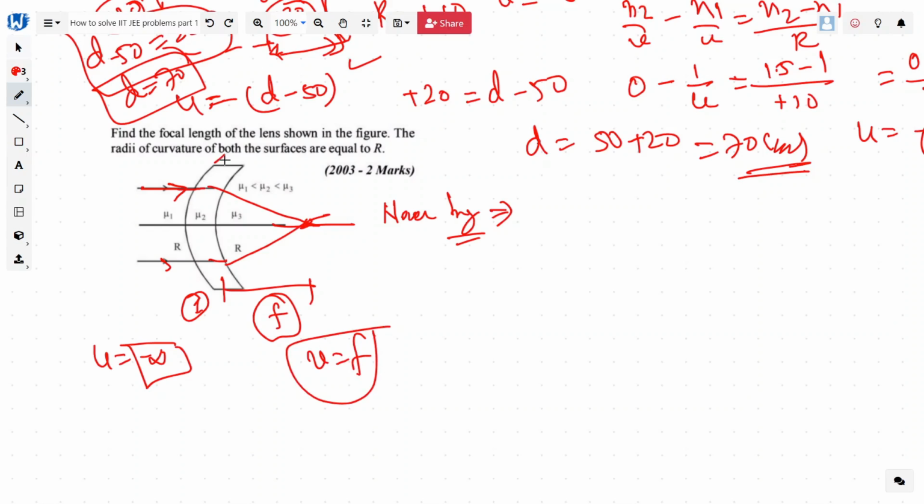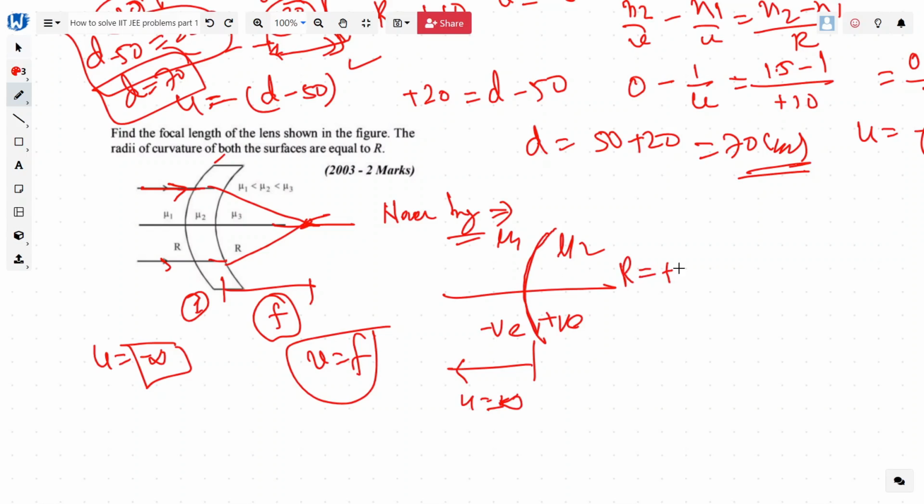So very simply, let's write down the equation for surface number 1. Now this is mu2, this is mu1. I'll just draw very quickly. The ray of light is going like this is positive, this is negative. So our u is minus infinity. And this radius is falling on this side, so r is positive. This is going to be n1, this is going to be n2.